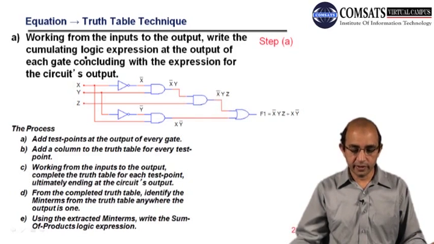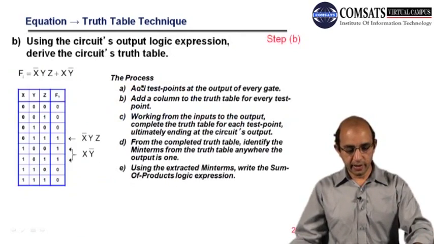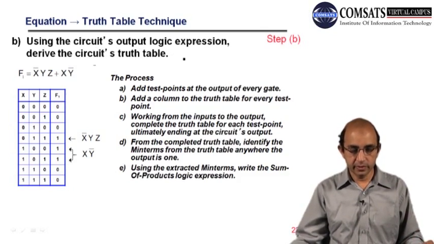So we have to write down the cumulative logic expressions at the output of each gate. You can see that these are the expressions. And then what we will be doing, we will be using the circuit output.